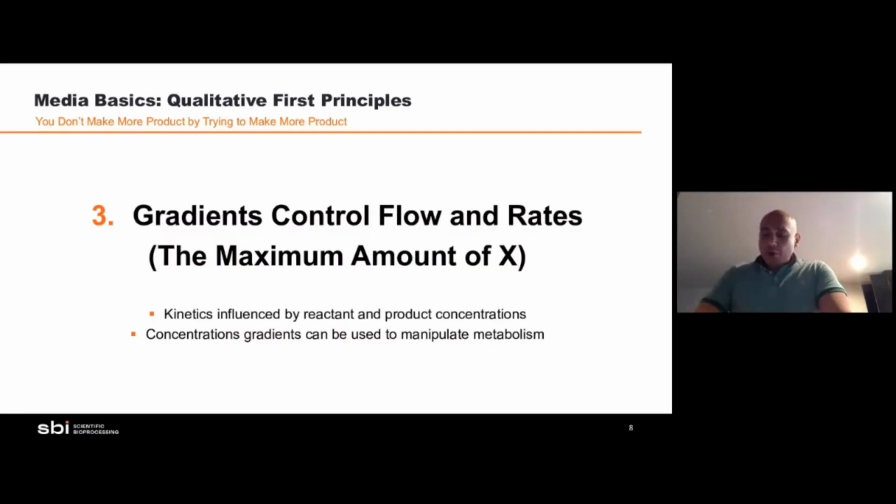And so then we can also use these gradients to manipulate our metabolism and encourage carbon flow in a particular direction. So generally things like trace elements are not required, but they can be used to aid you in manipulating your metabolism in certain ways.